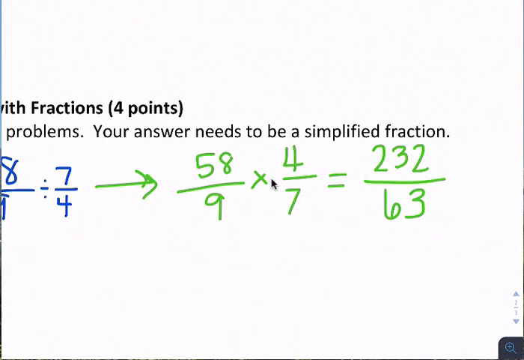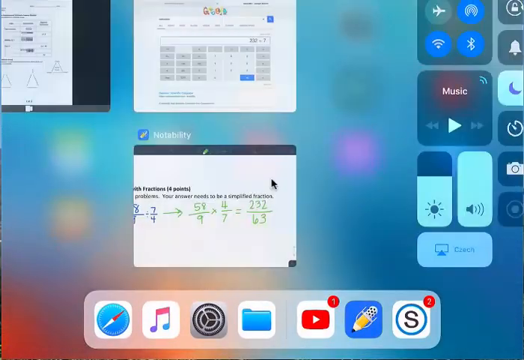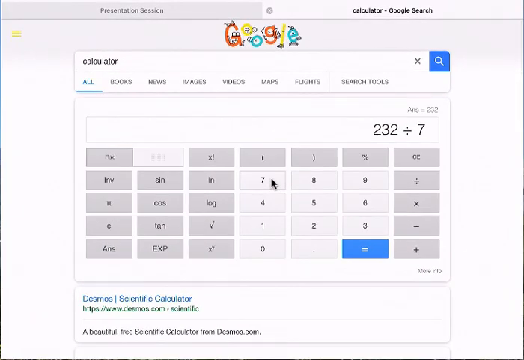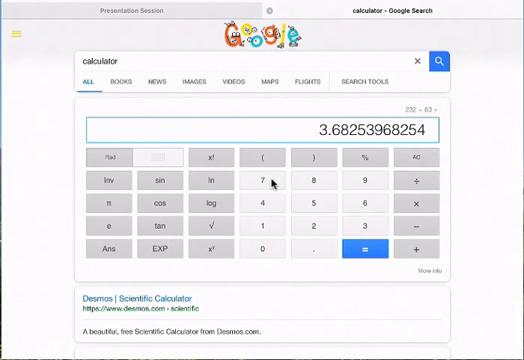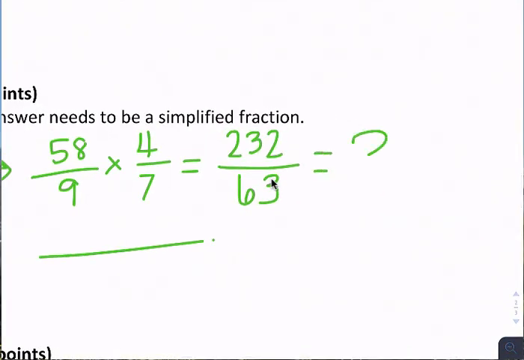All right, so I'm going to do 232 divided by 63. Okay, so it goes in 3 whole times. That whole number was a 3, so I know it goes in 3 times.